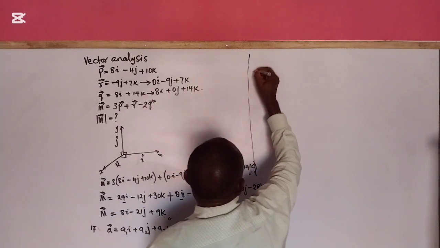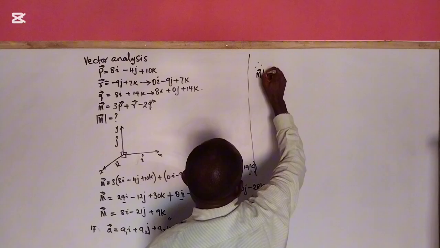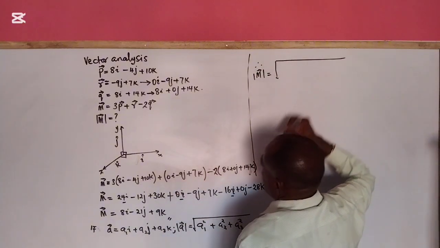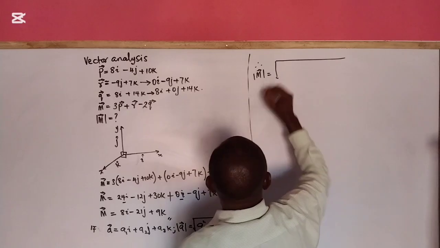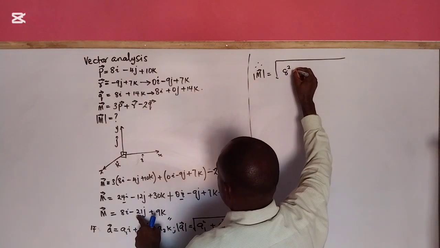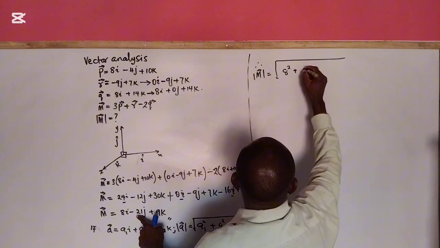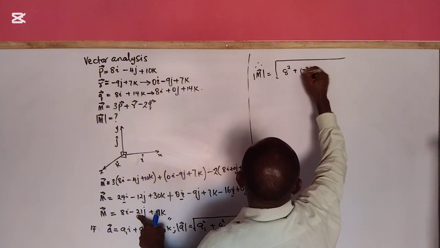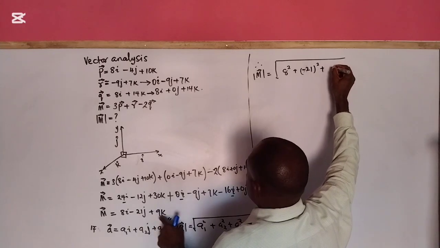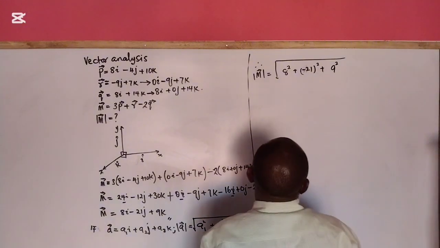So in this case that we have m defined this way, therefore, the modulus of the vector m is equal to the square root of 8 squared plus minus 21 all squared, plus 9 squared.